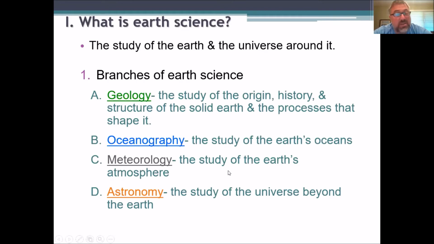You think about back in the day when they didn't have TV and the internet and all these other things, and the first person looked straight up and realized how incredibly small we are. I love it.